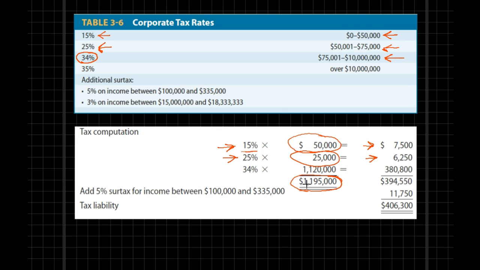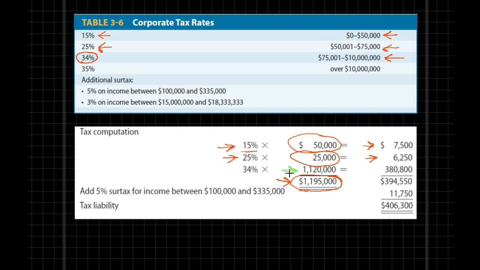And finally, any residual. So the difference between our taxable income, which was $1,195,000, and the $50,000 and the $25,000. So the difference will be this figure here. So this is the residual number.